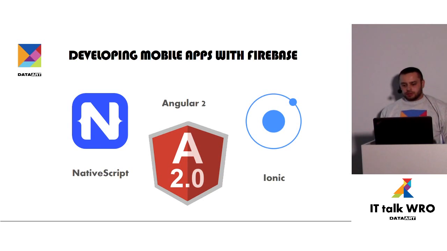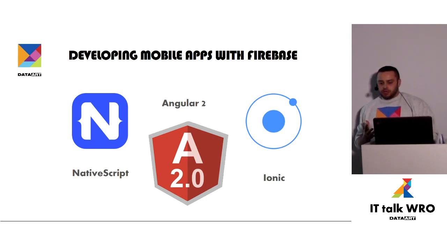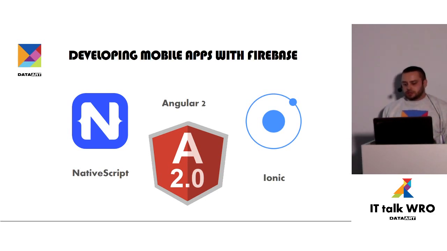Yeah, so this is a framework for mobile development. Ionic is a hybrid framework, which means that you write your code in HTML, JavaScript, and CSS, and it compiles it and gives you the feel of a native application, but it's not native. It's a hybrid application that works in a web view, but it's really fast.